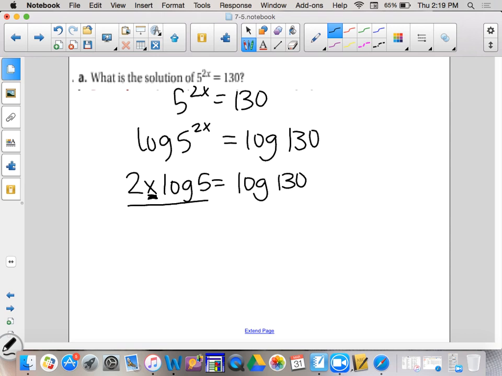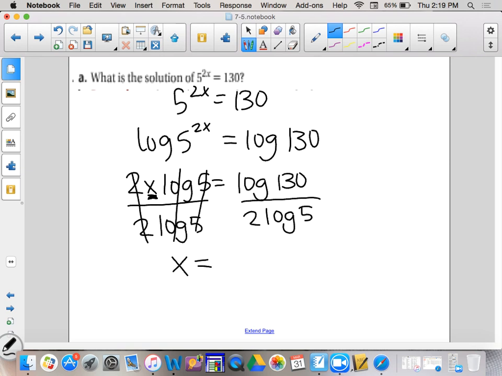So what's got to be moved over? Everything has to go but the x. So what's log 130 divided by 2 log 5? Somewhere around 1.5122.